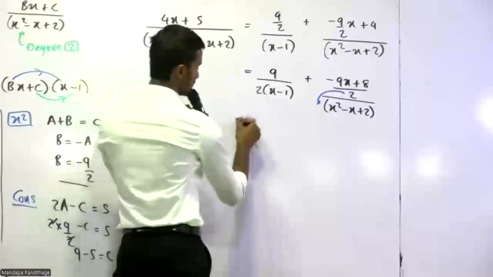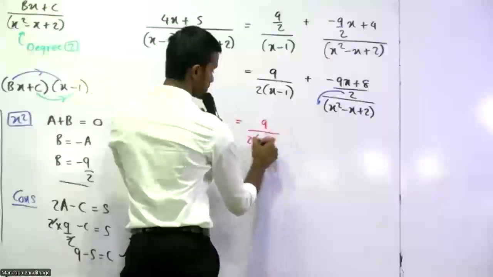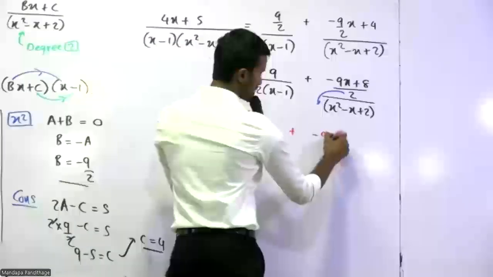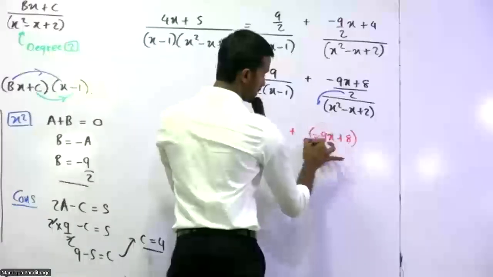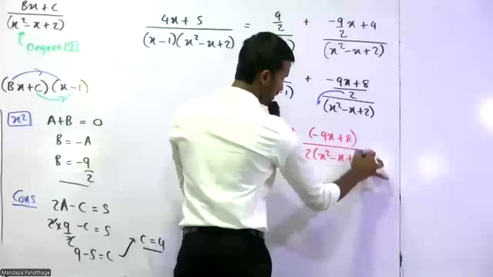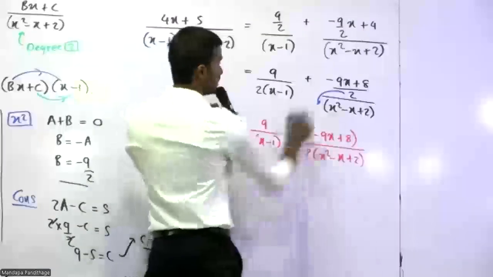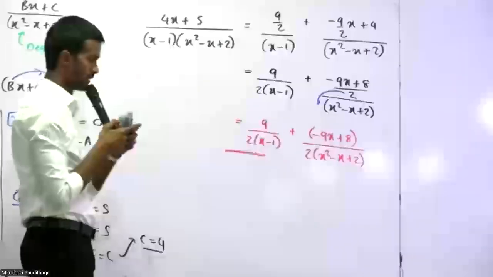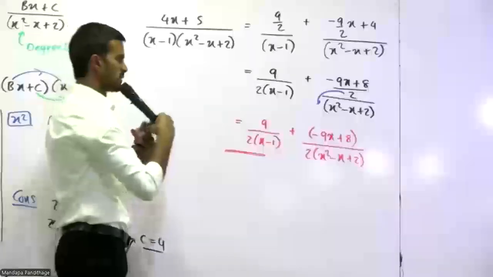So then it is 9 over 2 times x minus 1, plus minus 9x plus 8 over 2 times x squared minus x plus 2. Clear? So the only difference is that when we have this in this way, you have to take 2 as a common denominator and simplify. And there is another way that you can express this one.